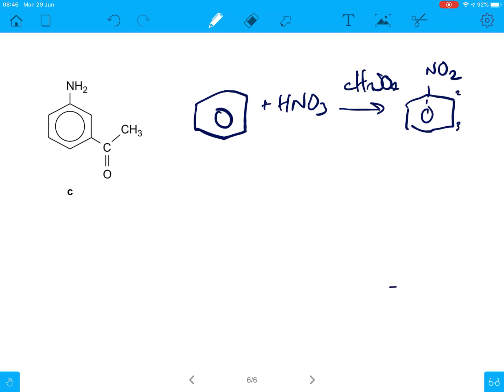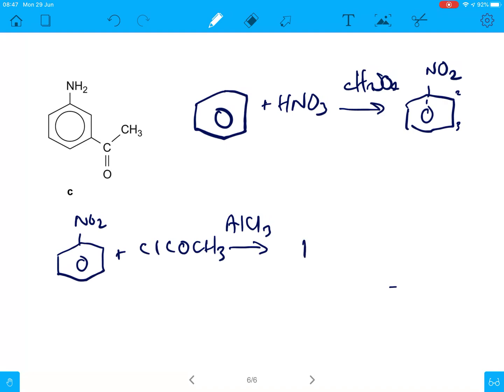So we're not going to reduce the NO2 to NH2. We're going to acylate it, we're going to react it with Cl, CO, CH3 and a halogen carrier, and we're going to produce NO2, and that NO2 is going to direct the acyl group onto carbon 1, 2, 3.